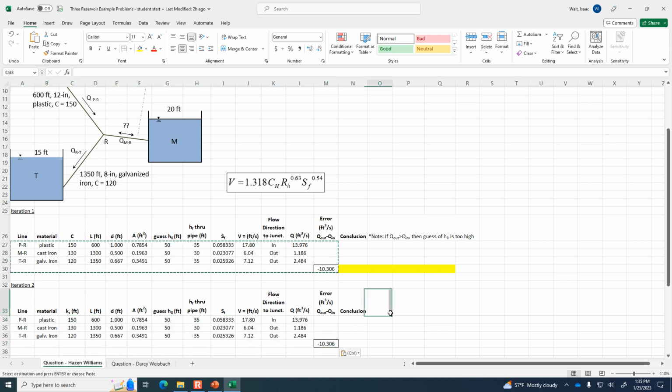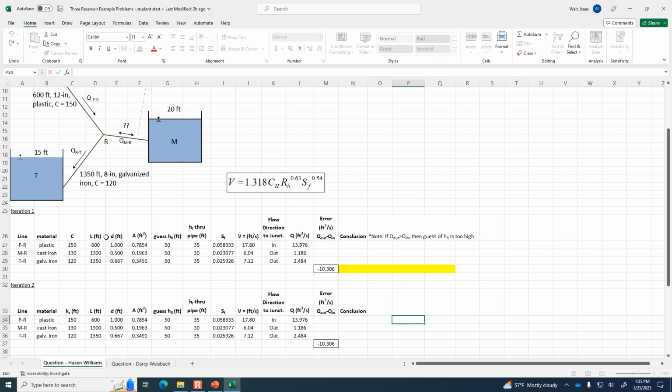The reason why I suggest that we change it is I want us to be able to see this initial stage when it wasn't balanced. And so down here I'm going to say, since Q in is greater than Q out, our first guess of HR was too low, so let's raise the guess for the next step.